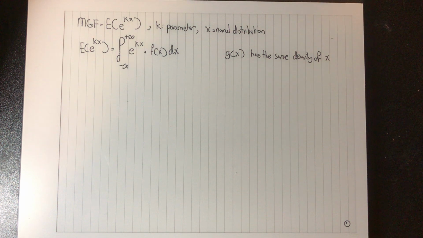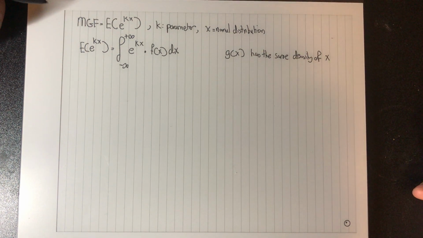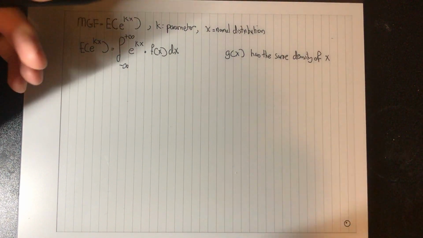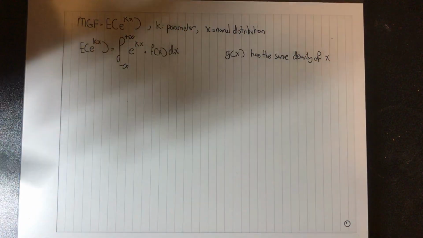I'm obviously simplifying it, but the purpose of this video is not to get into this very deeply. If you have a question, that's the reason that we use the density function of x as the density function of e to the power of k multiplied by x.